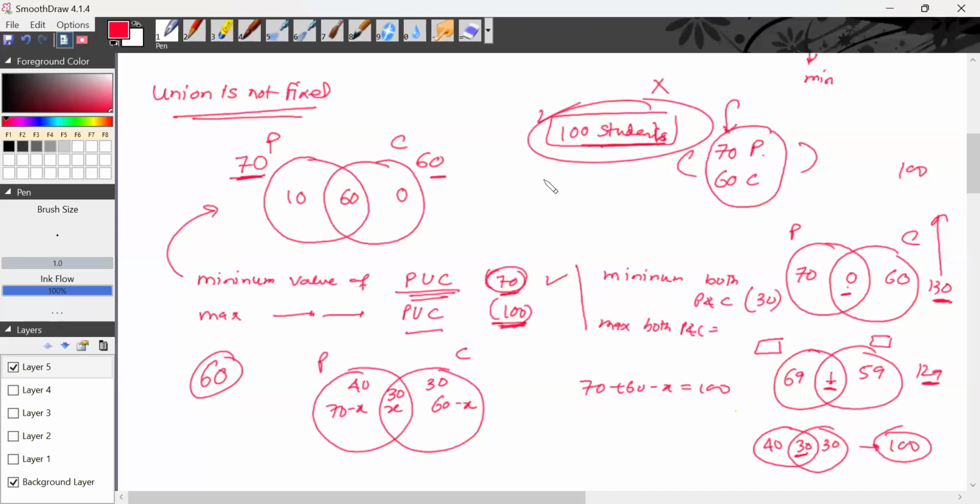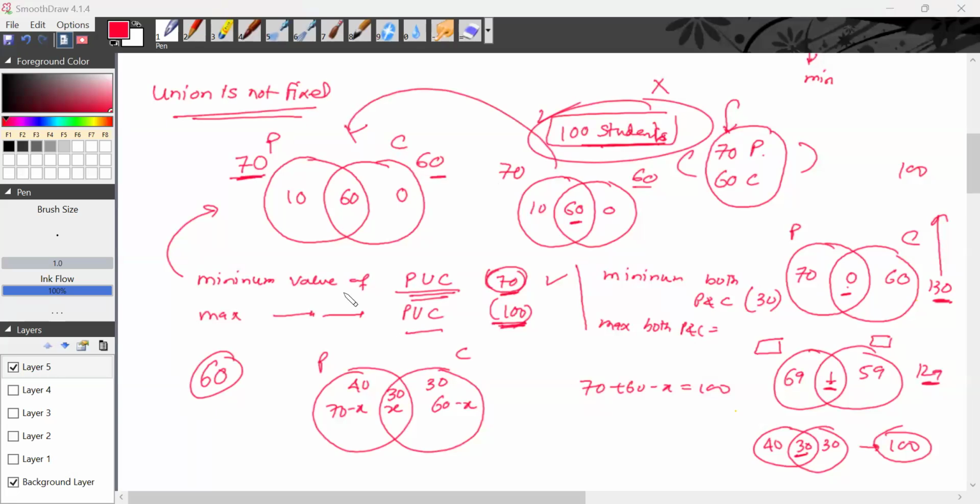Yes, it has to be 60. I have an option of 70 and 60. I want to bring more and more people inside this. I can't bring the entire 70 here because the entire chemistry circle is 60. So the part of it cannot be 70. But can I do this? Yes, I can do. You see, we had already made this earlier.